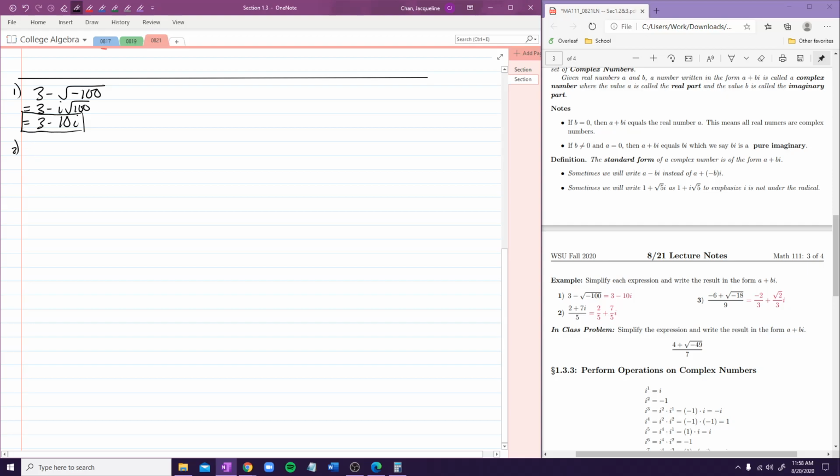The second example, we're given 2 plus 7i over 5. When you look at this, there's nothing to reduce. However, what do we want? We want to write the result in the form a plus bi. This is not; this is just one clump. So what are we going to do? We're going to separate it.